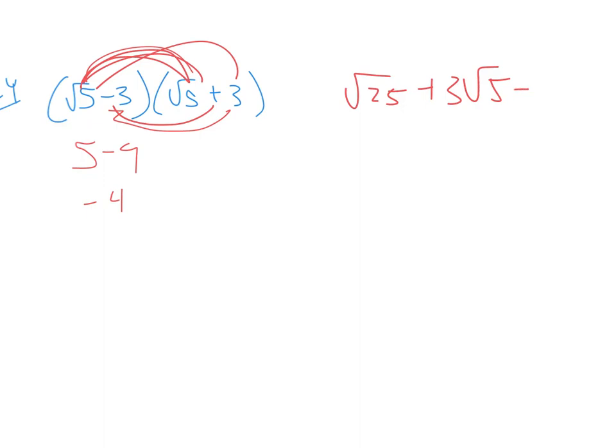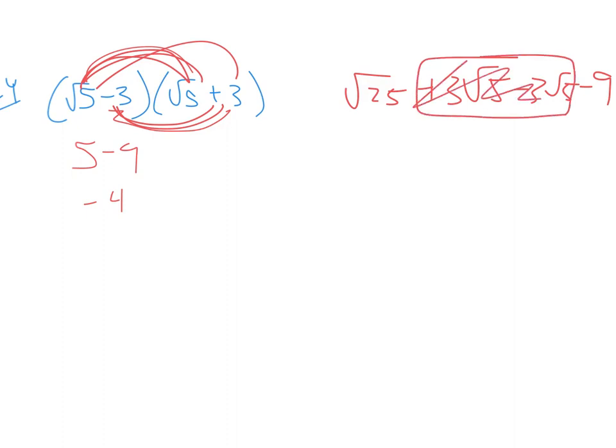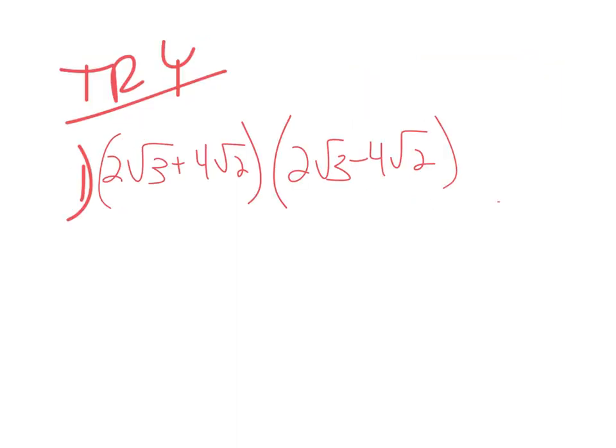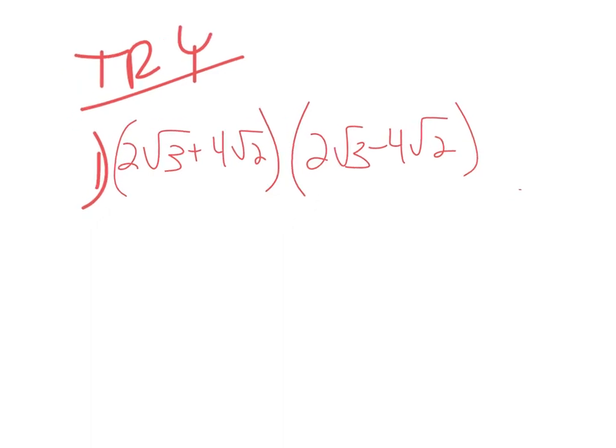That'll be minus 3 root 5. And that'll be minus 9. These would cancel each other out. That's 5, that's 9. It still gives you negative 4. So try this one. Pause the video, come back, and check your answers.